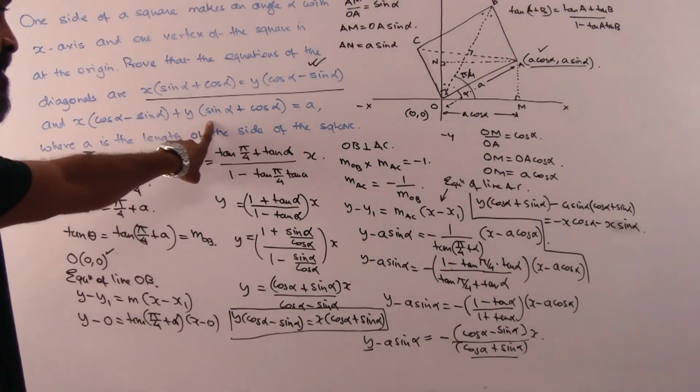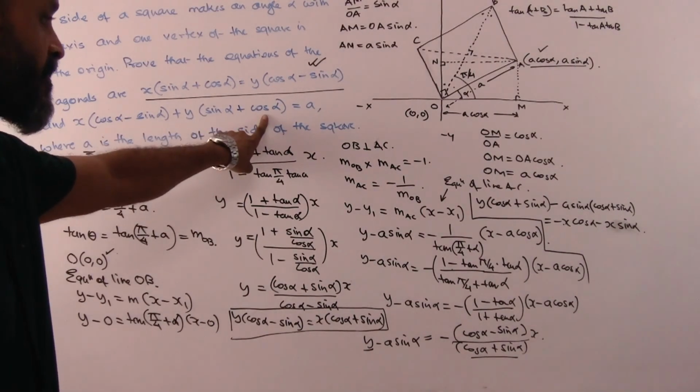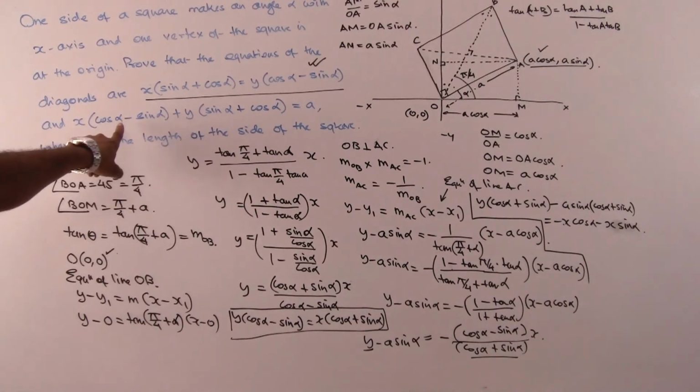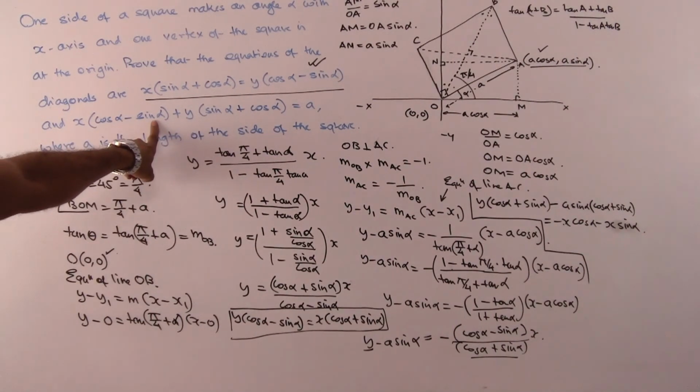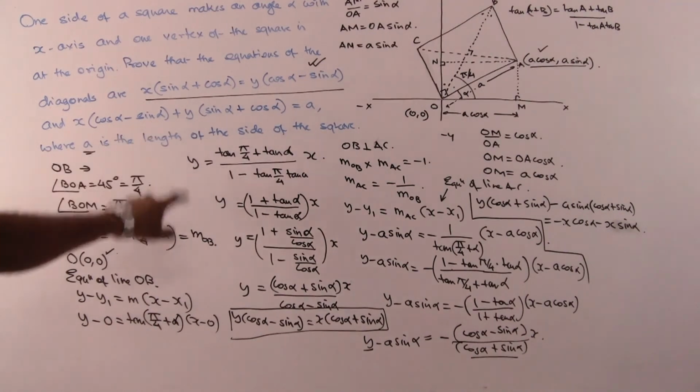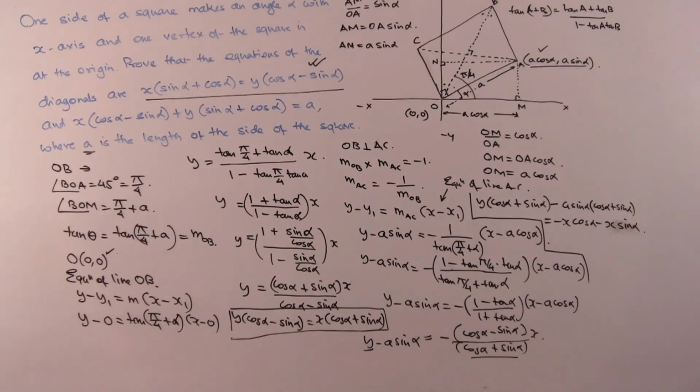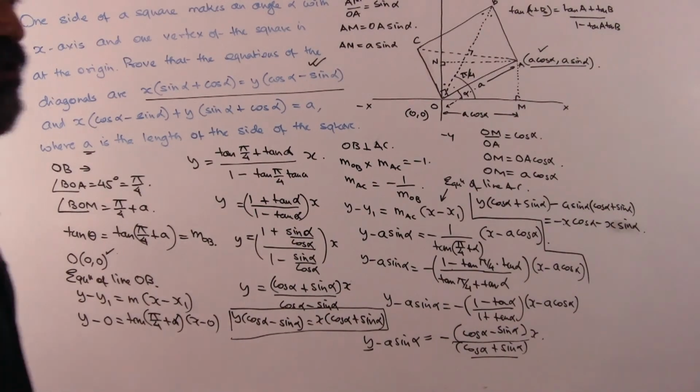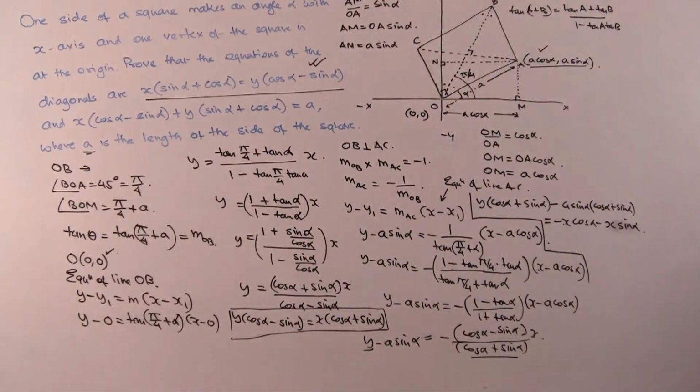So we have to prove here y sin alpha plus cos alpha, which we have already got, x cos alpha minus sin alpha. Why are we goofing up here? Just one second, let me check this out. I suppose I have made some mistake here.